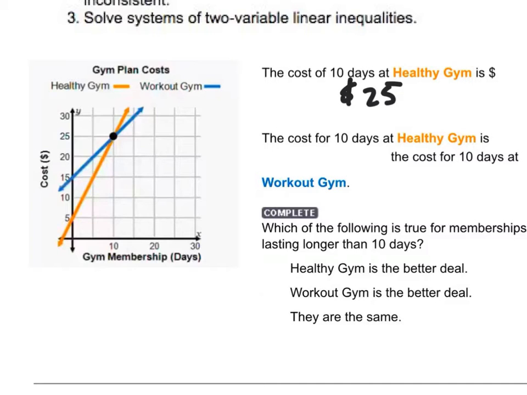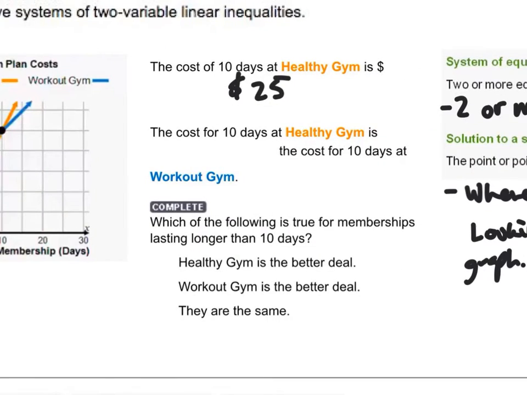So we use these points to say, well, initially if you were going to do this for less than 10 days, then the healthy gym is a better deal. The cost is less. But with the workout gym, the cost is more initially, but over time, it's better. So which is a better deal?